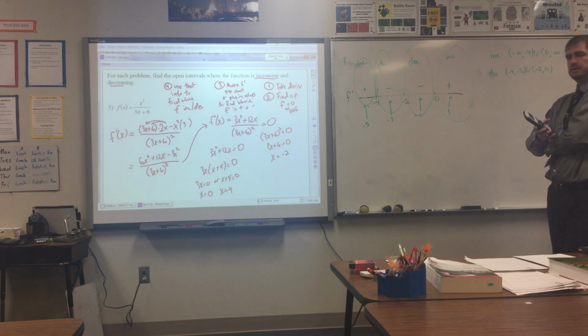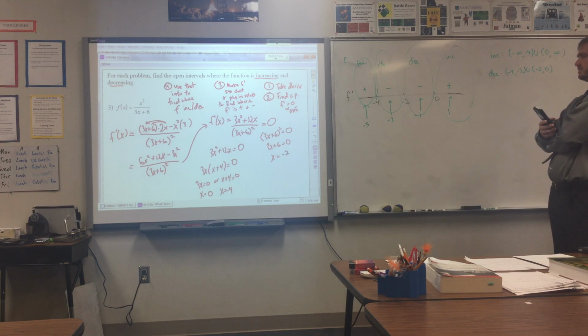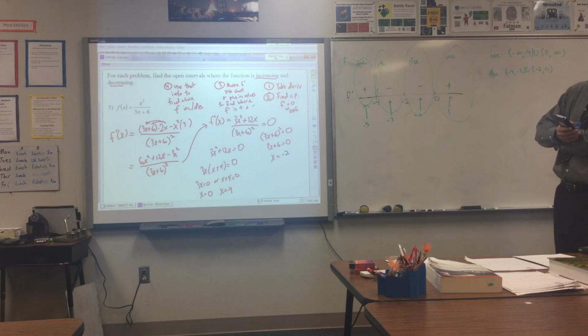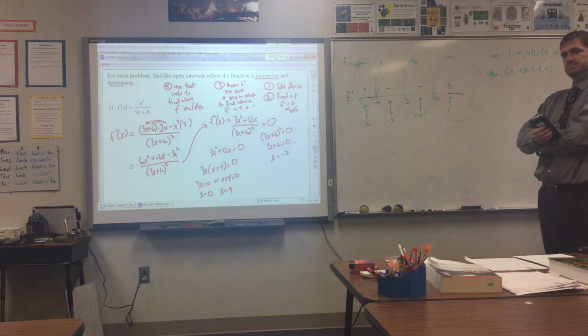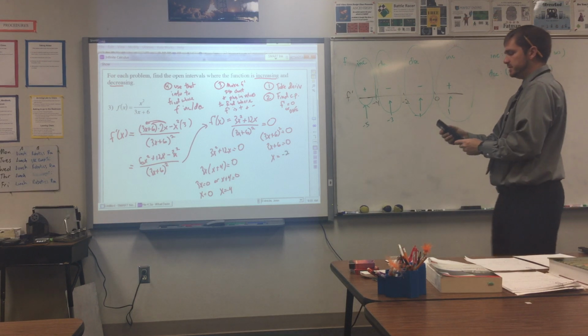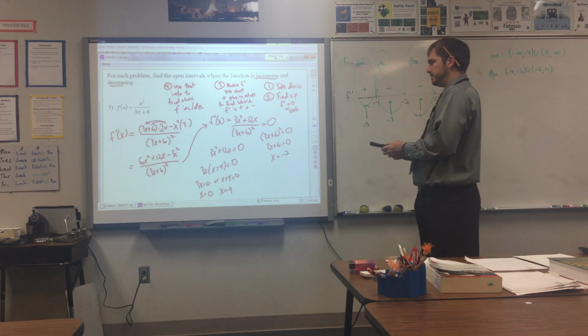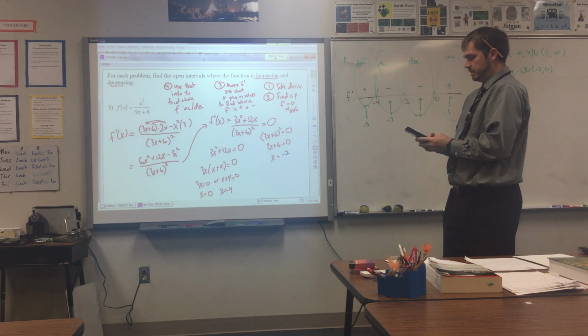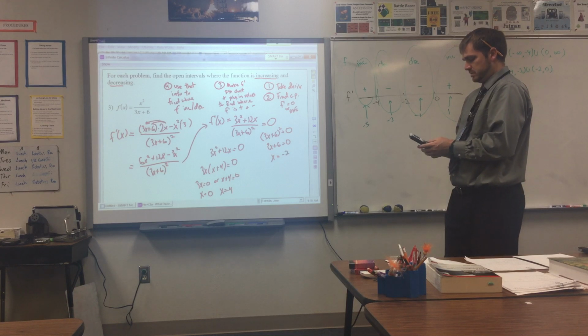Ivan, how can we check our work? Do we just look at a graph? Yes, but look at which graph? The original one? Yeah, let's look at the original function. So I'm going to type in x squared divided by 3x plus 6.